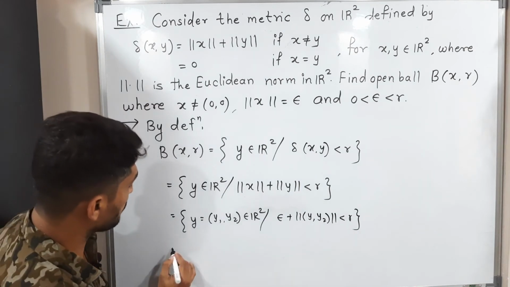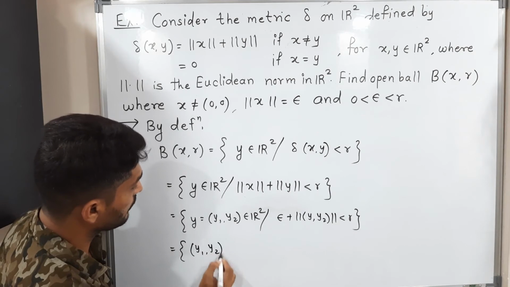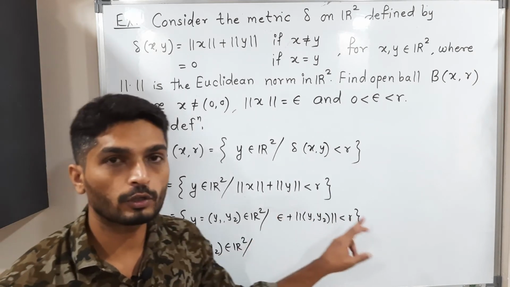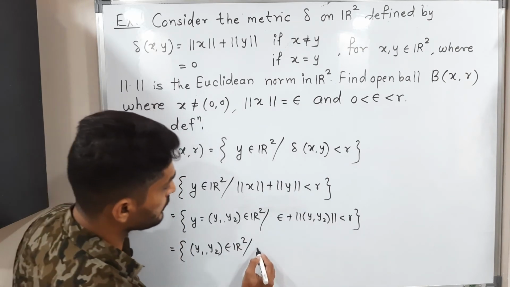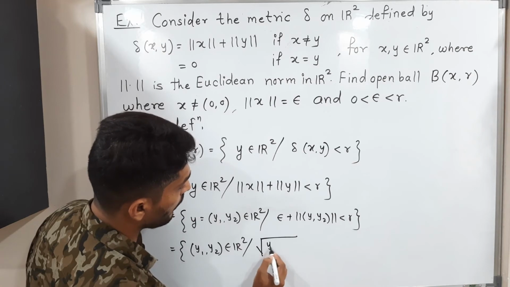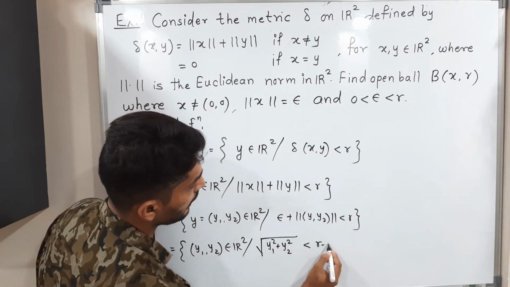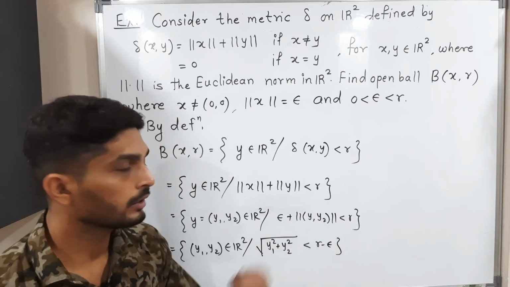So this is equal to y1 comma y2 belongs to R2 such that, I will shift epsilon to that side. And you know the definition of norm, so it is the square root of y1 square plus y2 square less than r minus epsilon.